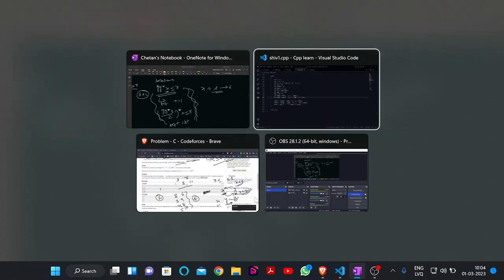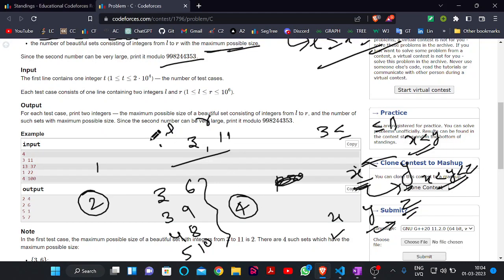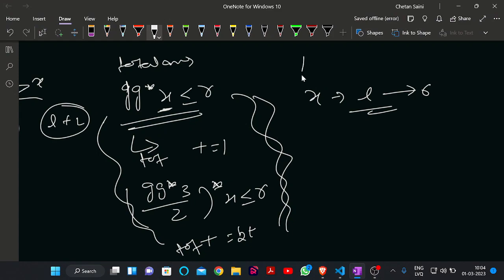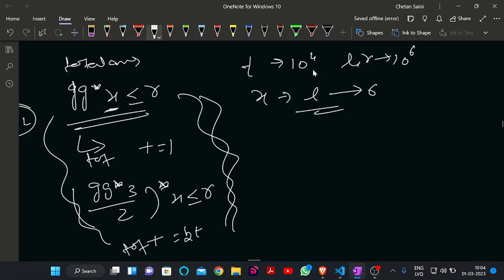But if we see our question, the value of t is 10 to the power 4 and L and R range up to 10 to the power 6. So obviously that will give us a TLE, so we cannot do that.